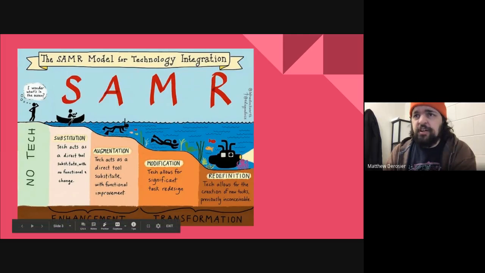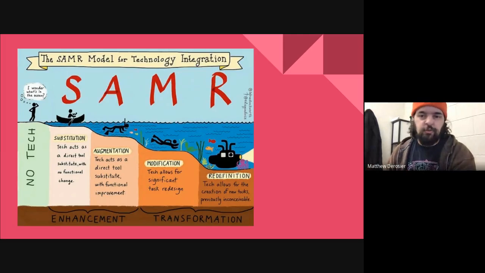Augmentation is where you're using a tech tool as a direct substitute, but it has functional improvement over what you're swapping it out for. So this is like the difference between a typewriter and a word processor. This is like the difference between a textbook and an e-textbook that has a feature where you can click a button and have it read the text out for you.